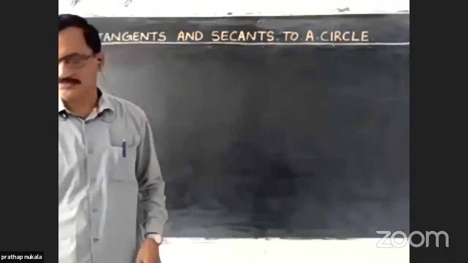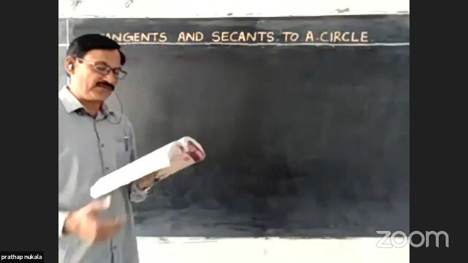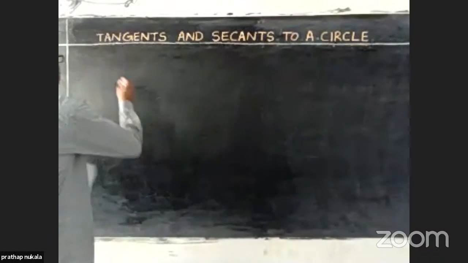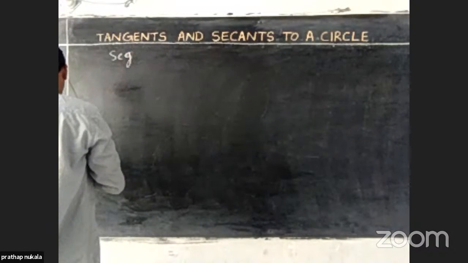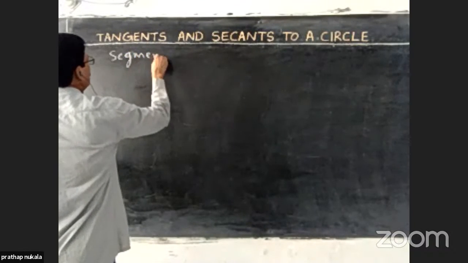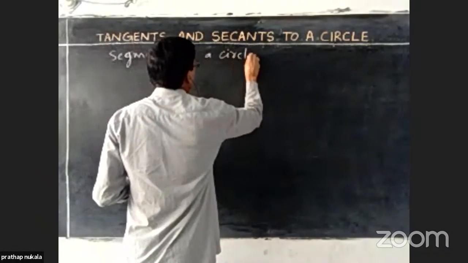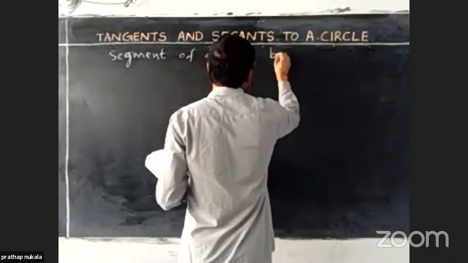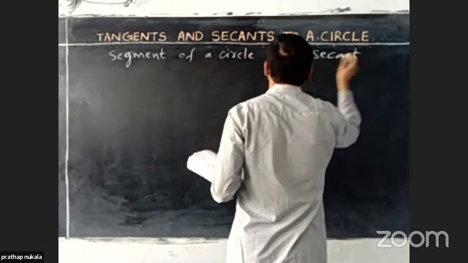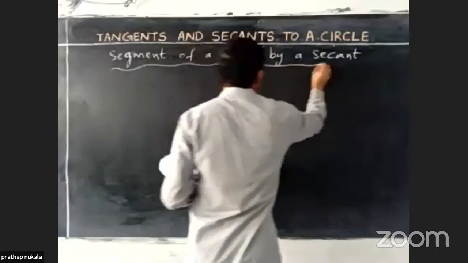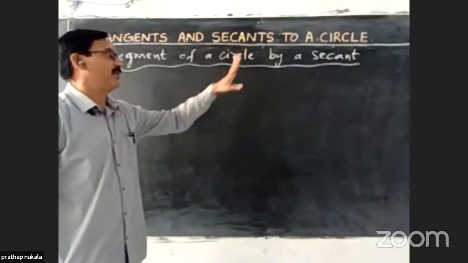Now the topic to be discussed is segment of a circle formed by a secant. Segment of a circle by a secant.